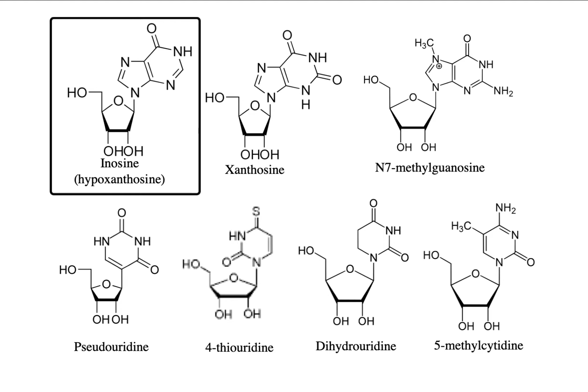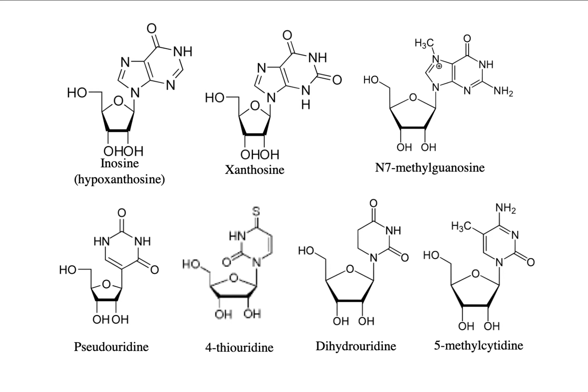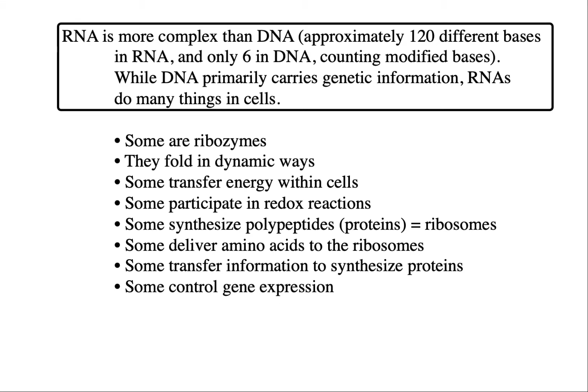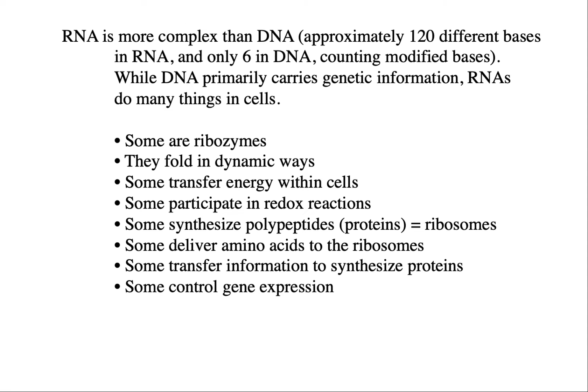Inosine is interesting because it will pair with any other base, A, G, C, or U. Xanthosine, 7-methyl-guanosine, which I already showed you, pseudouridine, 4-thiouridine, dihydrouridine, and 5-methylcytidine. Some of these are important, especially in tRNAs, ribosomal RNAs, and other types of RNAs as well. In total, more than 120 different bases have been found in RNA, whereas only 6 are present in DNA.